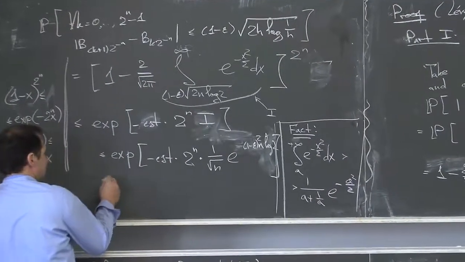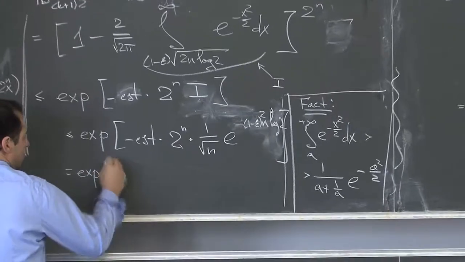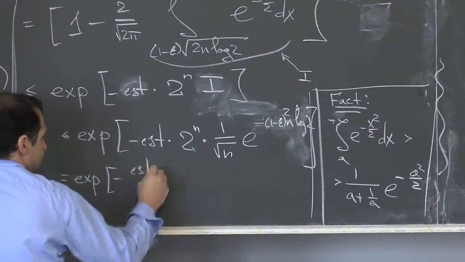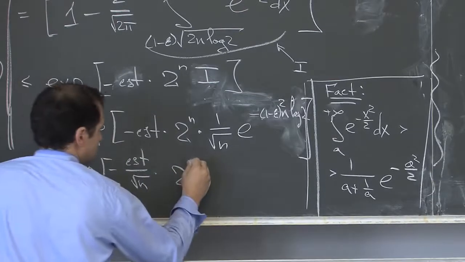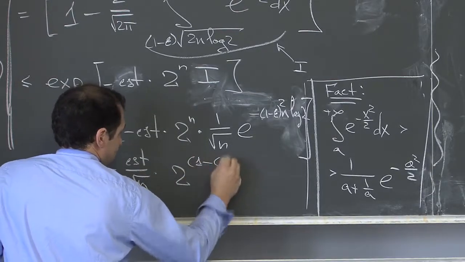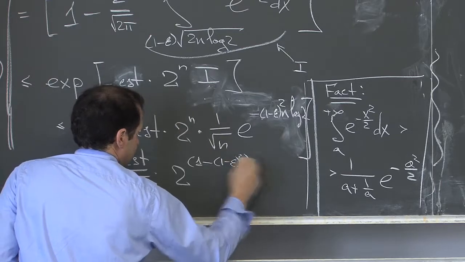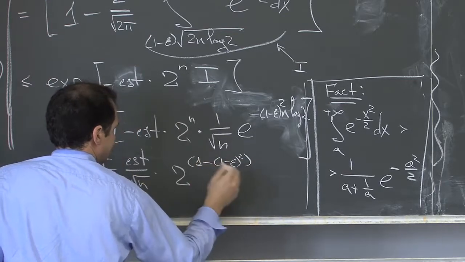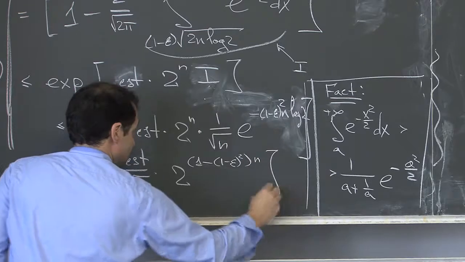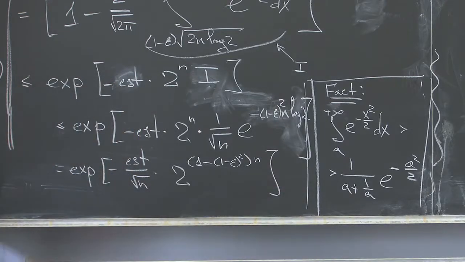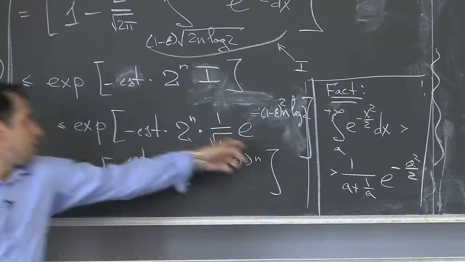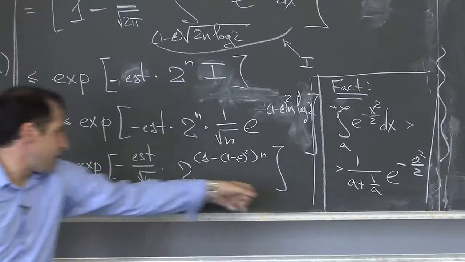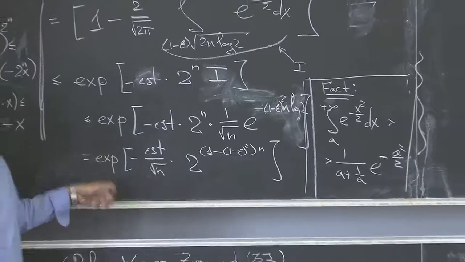Why? Because this is exponential of minus constant over square root of n by 2, 1 minus (1 minus epsilon) squared. Yeah, that's it. So this is still positive, so even here it grows exponentially, and there is yet another exponential.